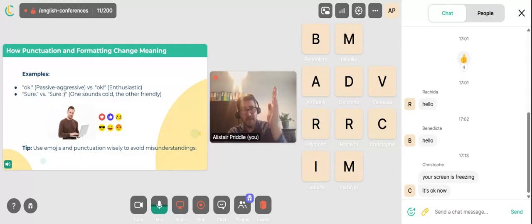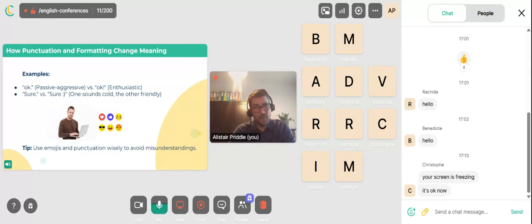Okay with an exclamation mark, enthusiastic. The next one, "Sure" versus "Sure :)". Now, one sounds cold, the other is friendly. So, sure on its own versus sure with a smiley.